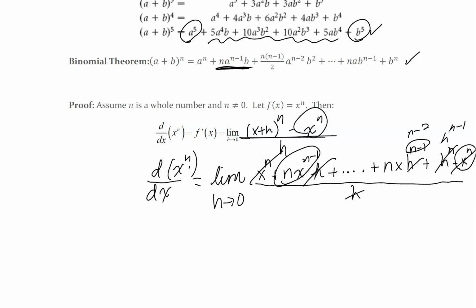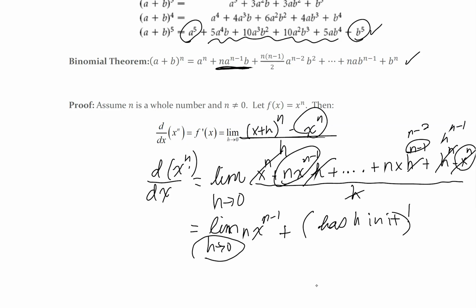So that would be the limit as h goes to 0 of n x to the n minus 1. That's this first term without an h, plus everything else has an h in it. When h goes to 0, all of this will go to 0.